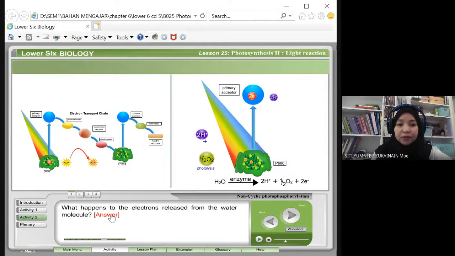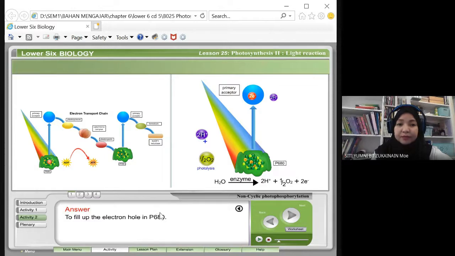What happens to the electrons released from the water molecule? The electrons move to P680 to fill up the holes. And why does this happen? As I mentioned, to fill up the electron hole. So this reaction is called photolysis.